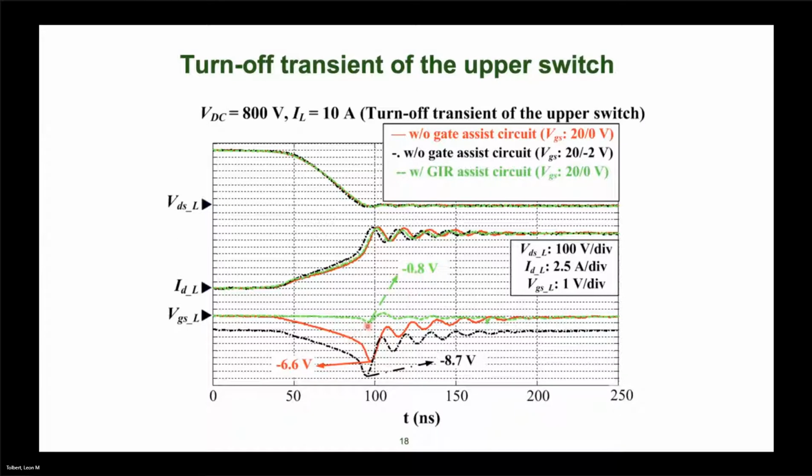It's just a blip, less than a volt in terms of negative voltage. And then with the GVC assist circuit, again, very small, minus 0.9 volts. And so much less crosstalk or influence of the lower device affecting the upper device in this case when we use this sort of gate drive.